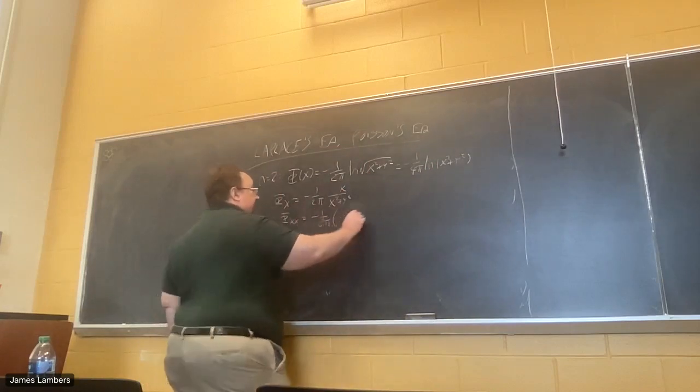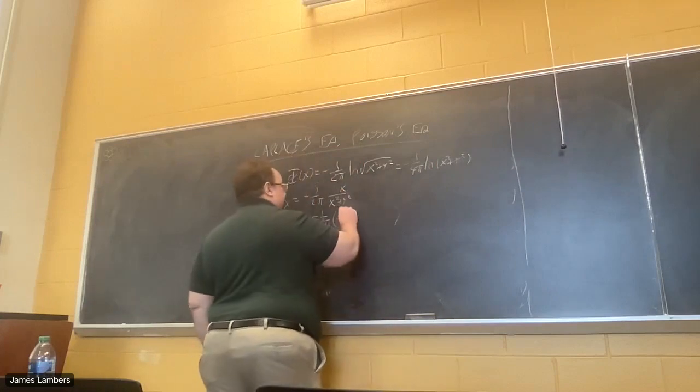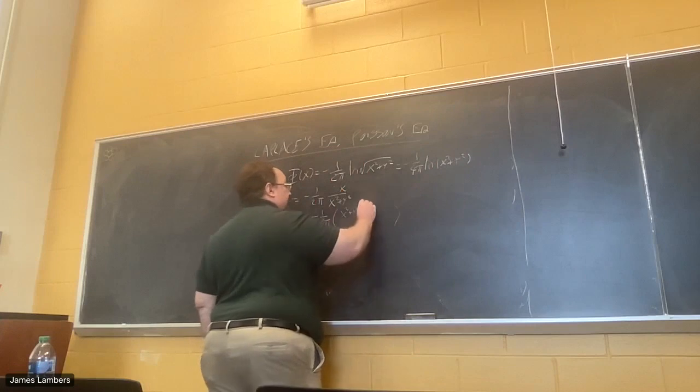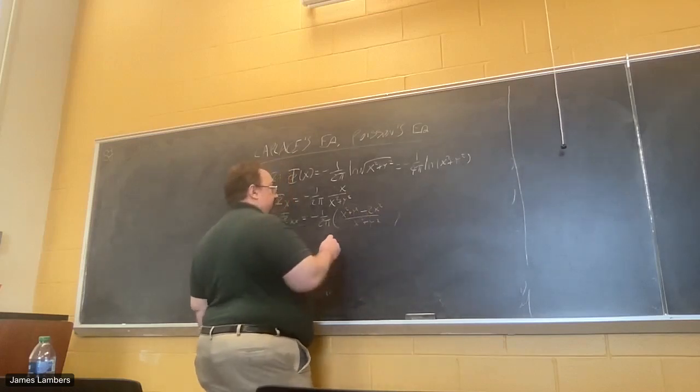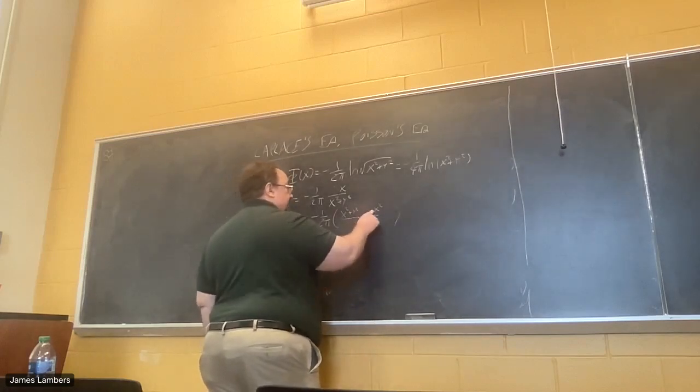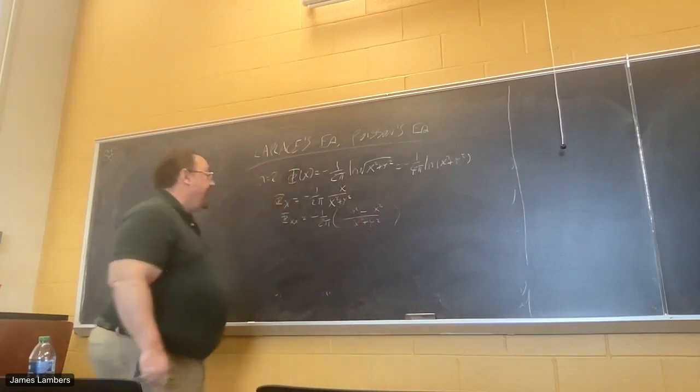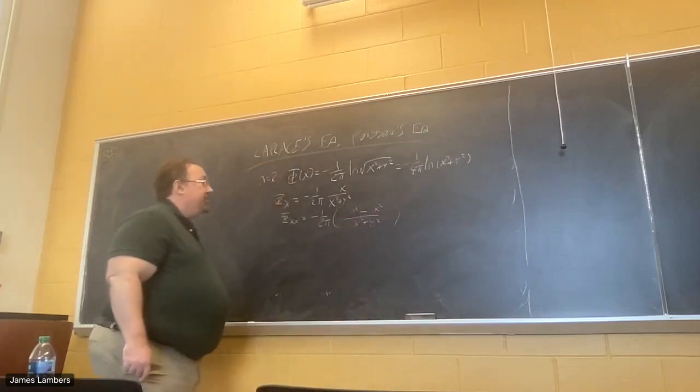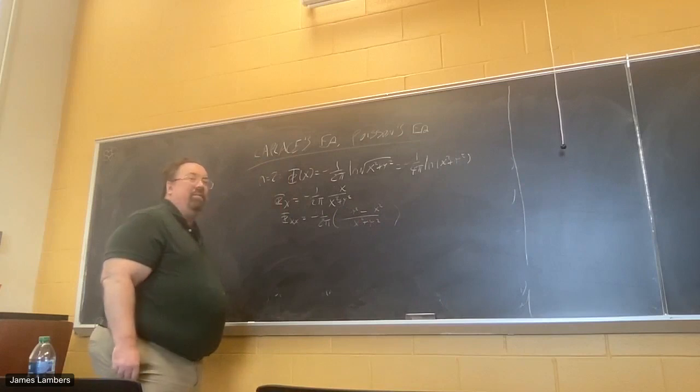Okay, this is where things are going to get a little ugly. Oh, not so bad. That would be y squared minus x squared over the square of x squared plus y squared. And all I'd have to do is reverse the roles of x and y. Oh, wait a minute, though. I'm just going to get 0.